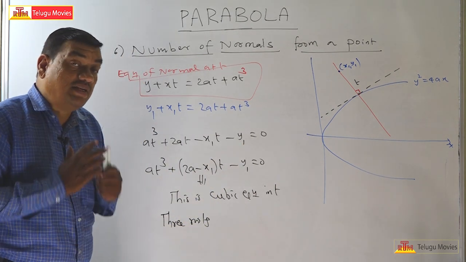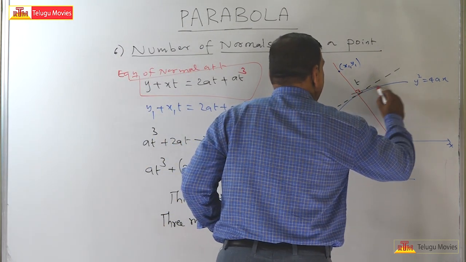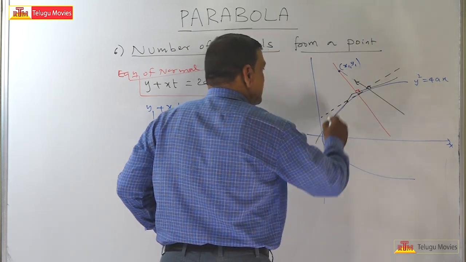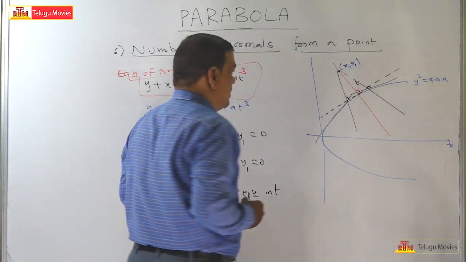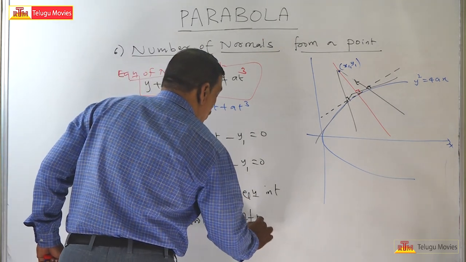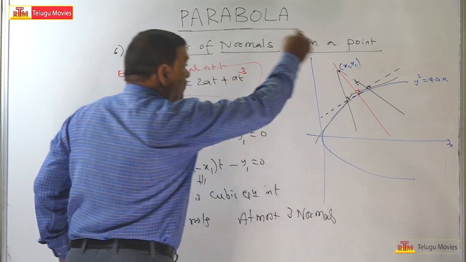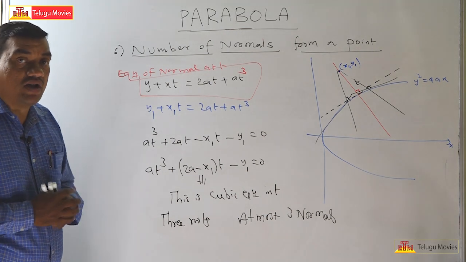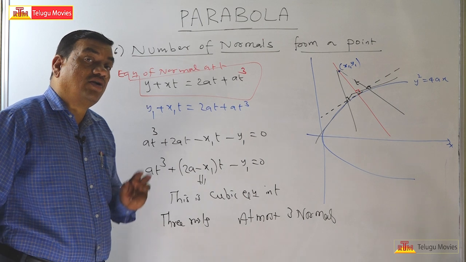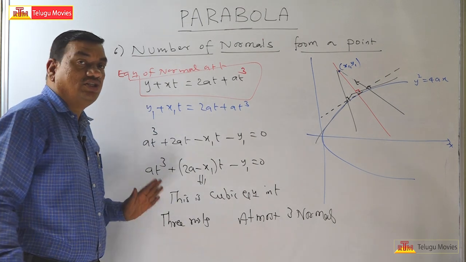From this we can say that for one tangent we can draw one normal, and for another tangent we can draw another normal here. That means we can draw at most three normals from a point x1 comma y1. Since this equation has three roots, we can draw either one normal or two normals or at most three normals.